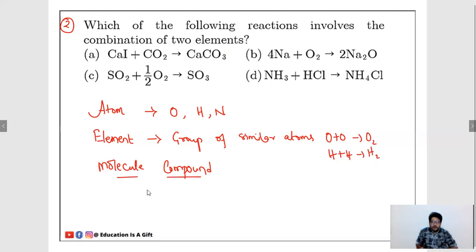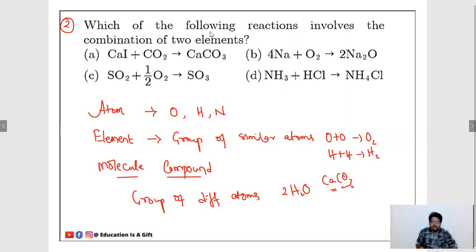While coming to molecule and compound, you can go with group of different atoms. If you observe, H2O is a molecule, or 2H2O as a compound, CaCO3, calcium, carbon, oxygen, three different elements or three different atoms known as molecule.